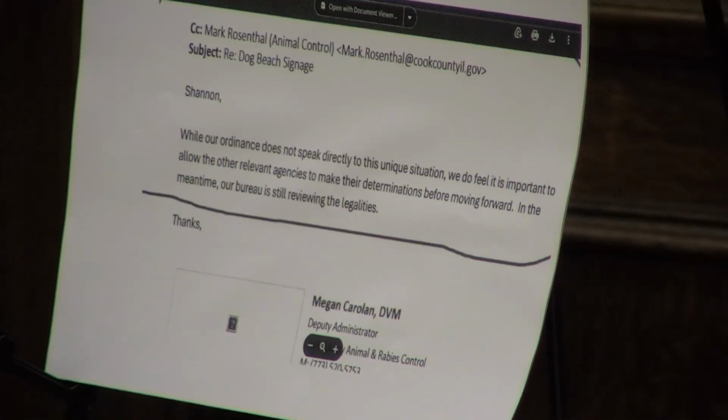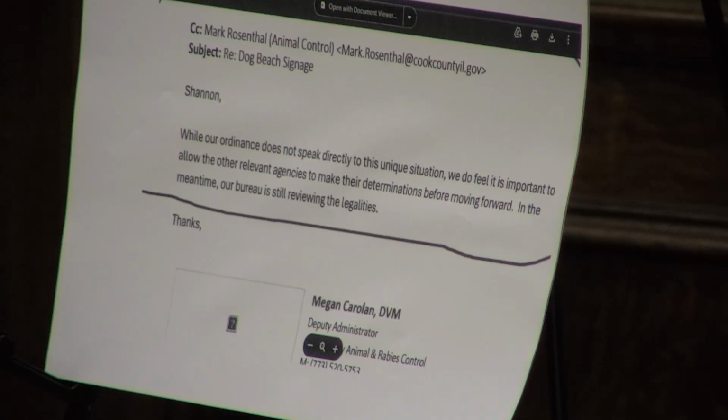And there is an email from Megan Carolyn, DVM, who's the Deputy Administrator of the Cook County Animal Control. This is from February of '25, and it's addressed to Ms. Nazal, who's at the Park District, and she says, "Shannon, while our ordinance does not speak directly to this unique situation, we feel it is important to allow the other relevant agencies to make their determinations before moving forward.